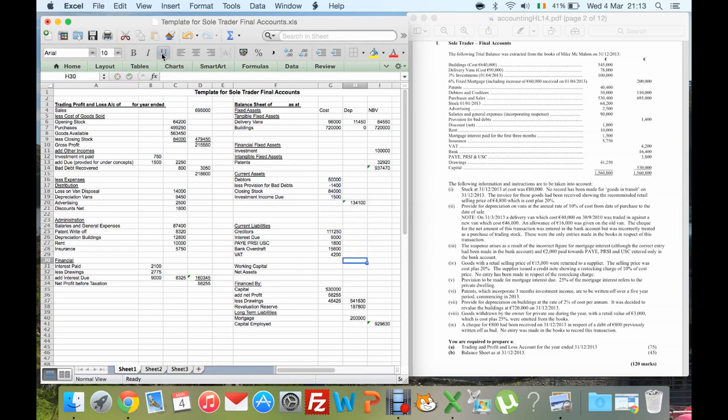Current liabilities. So the working capital is the current assets, take away the current liabilities, so we end up with a minus figure in this case, and we add the fixed assets and the current assets. And if we've done it right, then these two figures should have to be the same.